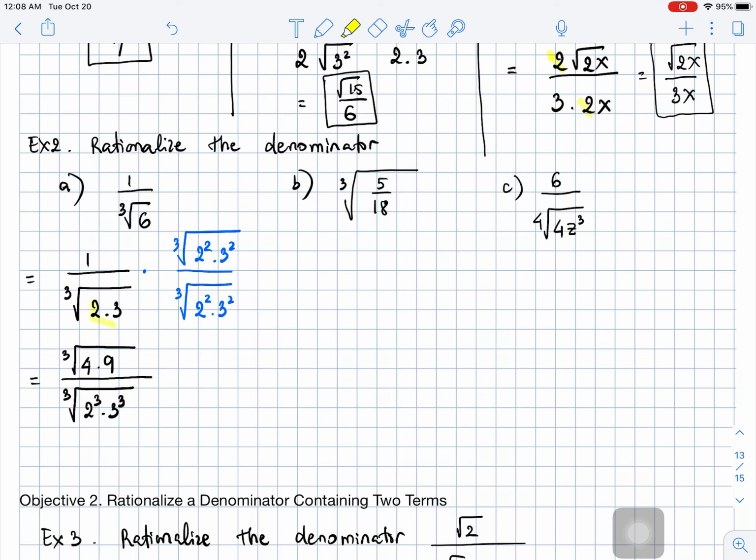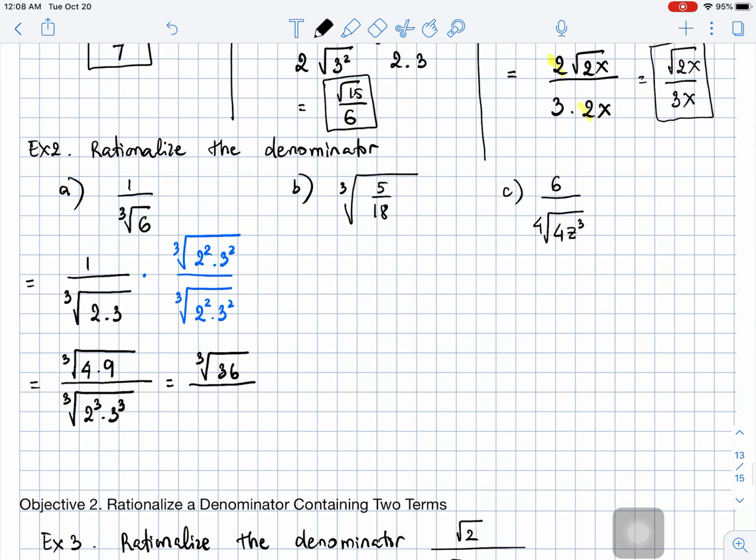Now we can multiply them together. On the top, we get cube root of 4 times 9. In the bottom, we have a total of 3 of the 2 and a total of 3 of the 3, because 2 times 2 squared and 3 times 3 squared. On the top, we got cube root of 36.